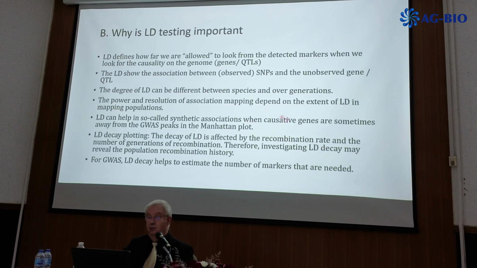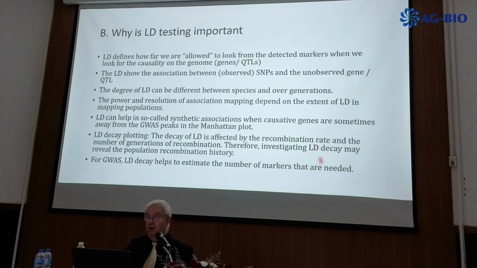The power and resolution depend on the extent of LD in your map. And LD can lead to the so-called synthetic association, where genes that are causing an effect appear positive, or sometimes far away from the GWAS hits in the Manhattan plot. The LD decay pattern, which I'm going to show in a while, is affected by the recombination rate and the number of generations.